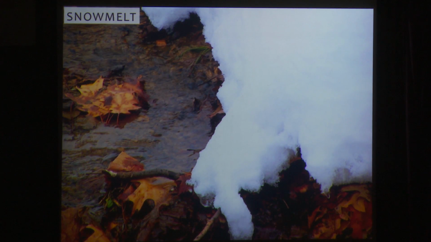Snow melt, an important process in terms of turning ecosystem processes on or off. Easy to see from space if there's snow there or not, but very hard to model in terms of getting rid of that snow at the right time in the right amounts.